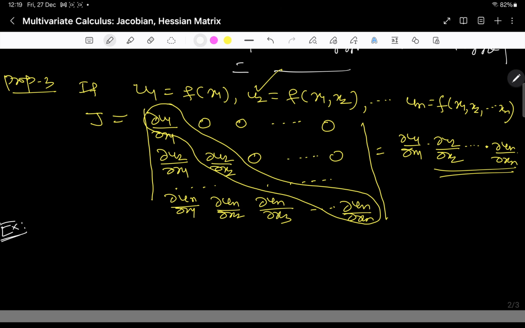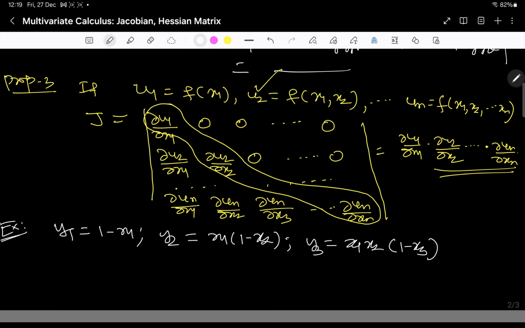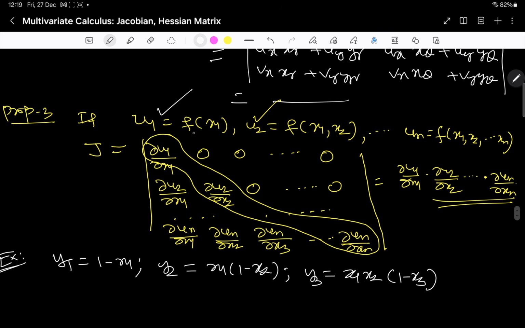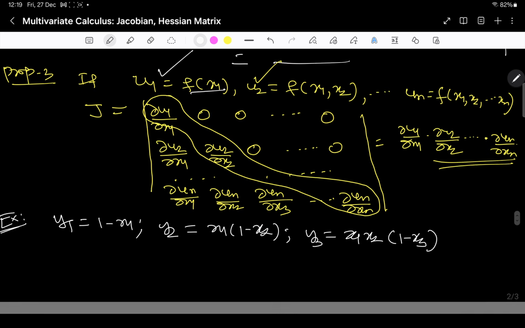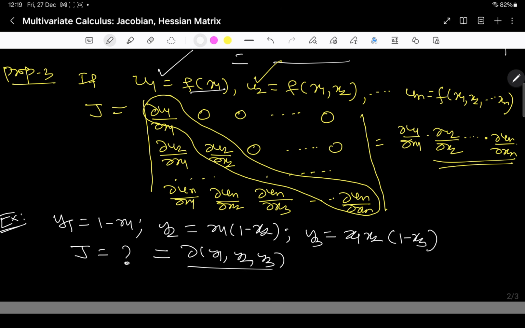Suppose you are asked to solve an example. Suppose y1 is 1 minus x1, y2 is x1 into 1 minus x2, and y3 is x1 x2 into 1 minus x3. Is it not of this form? y1 is a function of x1, y2 is a function of x1 x2, and you are asked to find the Jacobian, del of y1, y2, y3 divided by del of x1, x2, x3.